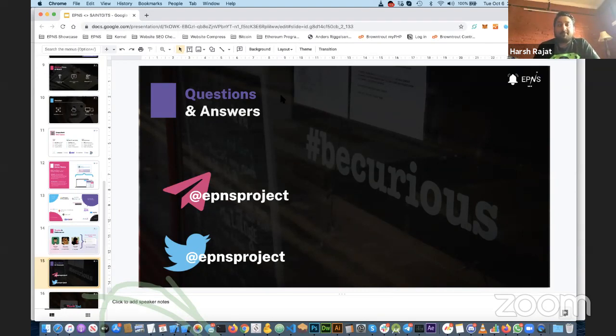A better way is having 4 or 5 people whenever you're building a project or whatever protocol you're building, and just telling them that these are the features we are planning. How do you feel about these features? Whether you as a user have any suggestions for us, and you just keep on compiling it.